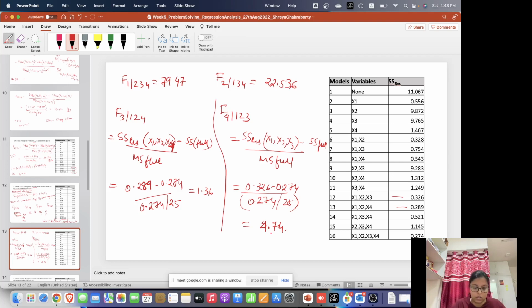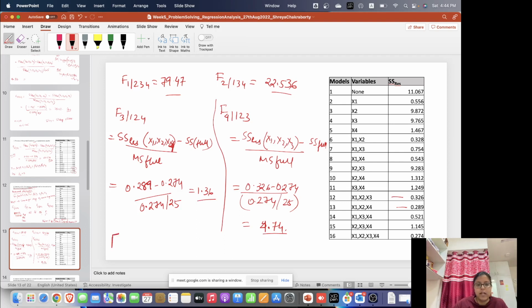I'll just check the yes, this is 1.36, and this is 4.74. So we have finally got four values: this one, this one, this one, and this one.